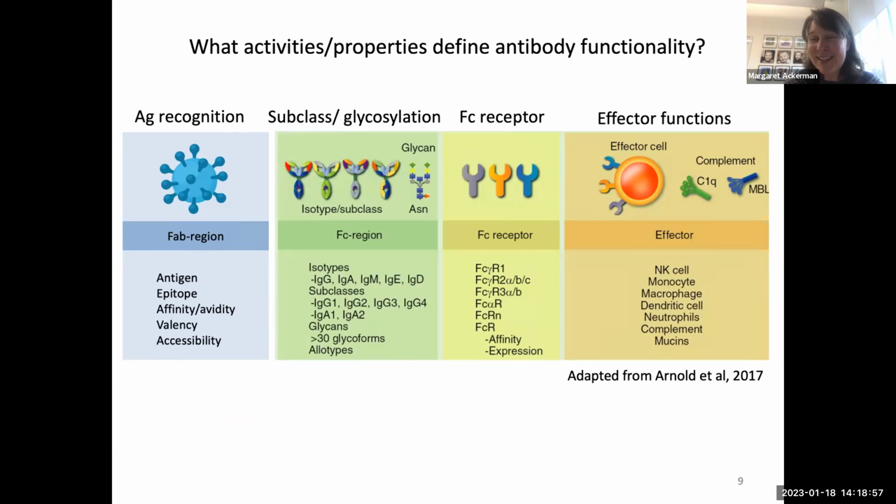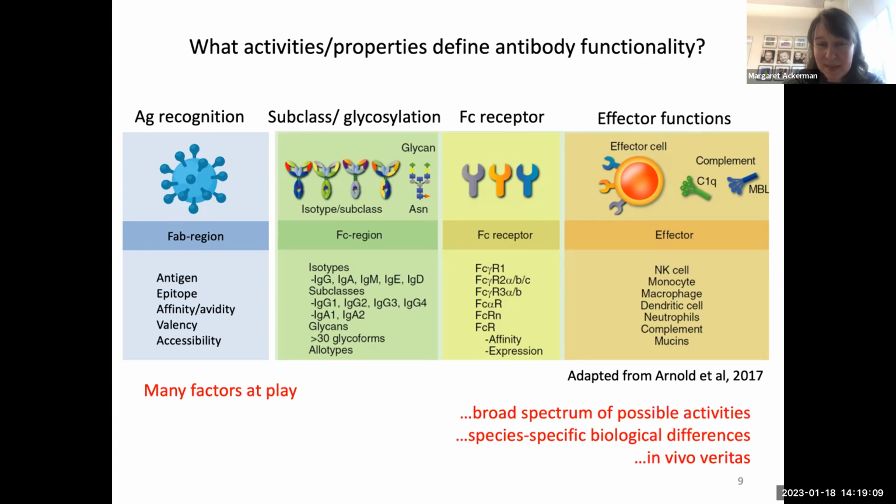So if each of these attributes were not important, and each of these effectors didn't contribute to robust survival of the host, we wouldn't have them, right? And so I think it's important to think about profiling and understanding the spectrum of responses, because they really are important in vivo.